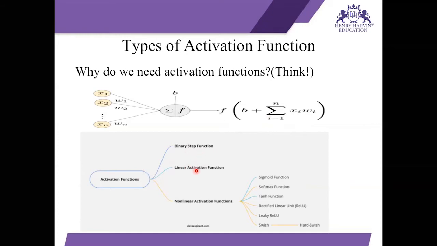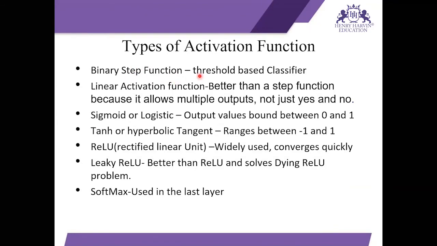Here are some types of activation functions given: binary step function, linear activation function, and non-linear activation functions. You can see sigmoid function, SoftMax function, tanh, Relu, which is nothing but rectified linear unit, leaky Relu, swish. Binary step function is a threshold-based classifier. Linear activation function is better than a step function because it allows multiple outputs, not just yes or no. Sigmoid or logistic: the output values are bound between 0 and 1.